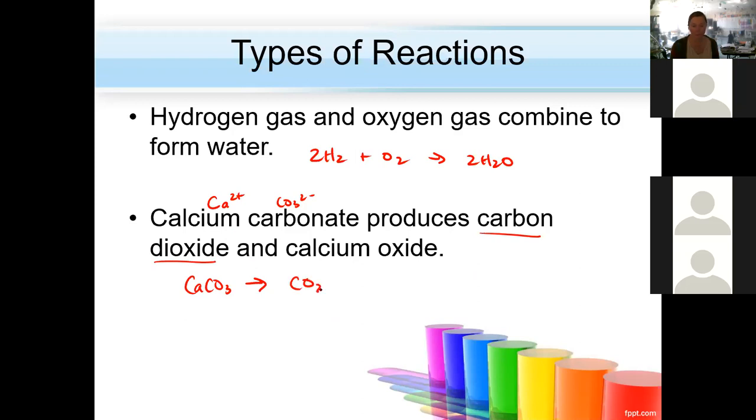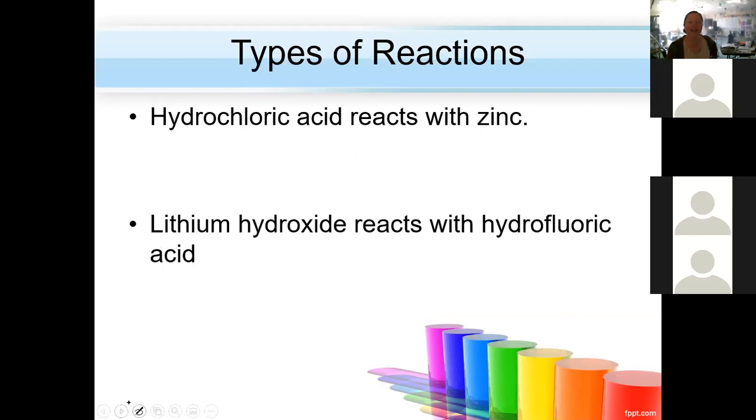CO2 plus CaO. Perfect. Calcium's a +2, oxygen's a -2, so that balances right out. Perfect. Is it balanced? Yeah. Good. What kind of reaction would this be? Decomposition. Perfect.